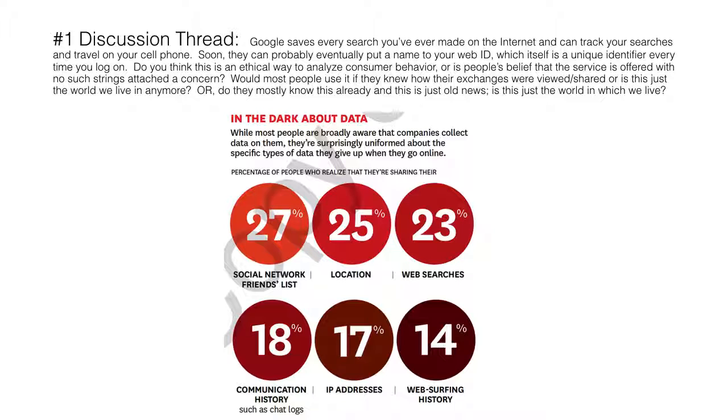We've already discussed discussion thread number 1, but here is something that I posted as an attachment to one of the assignments, around how, and this relates to chapter 1, how people on the internet view the whole issue of security and safety of their information, and whether or not they have a full understanding.